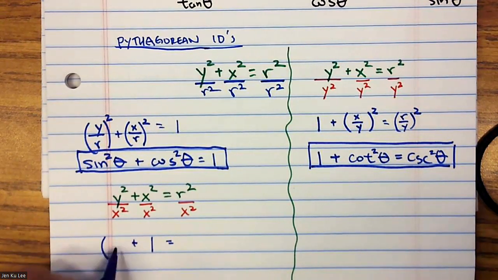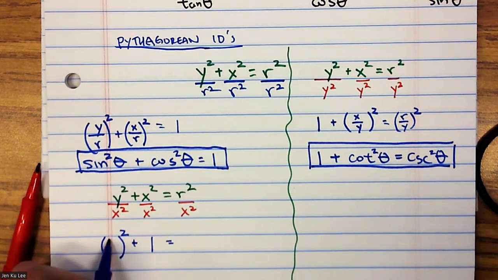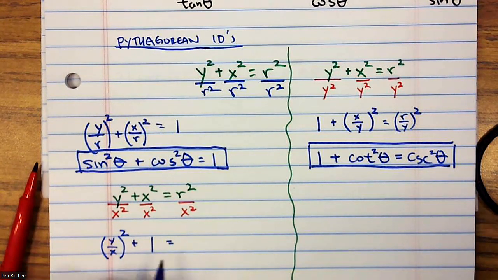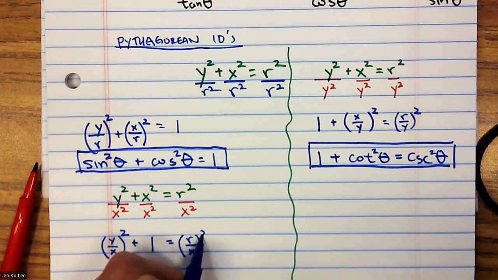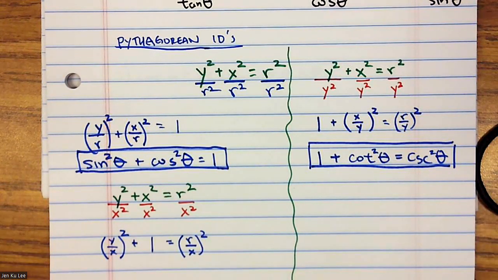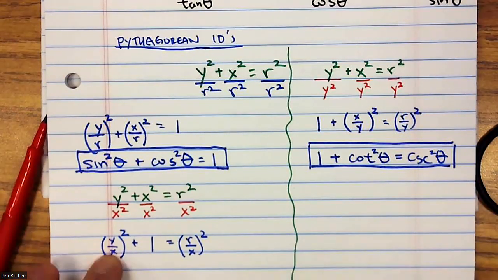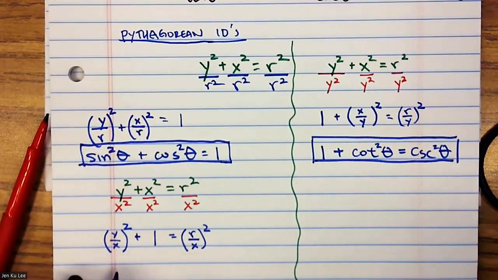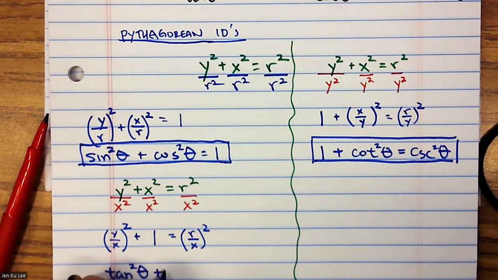Plus, rewrite this as y over x squared, and this as r over x squared. What is y over x? Tangent. So tangent squared theta plus 1 equals r over x. Secant.